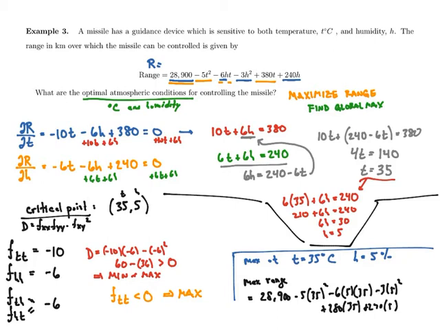And that'll give you some value of a range in kilometers. That's the maximum range that we have with those optimal conditions, 35 degrees Celsius with 5% humidity.